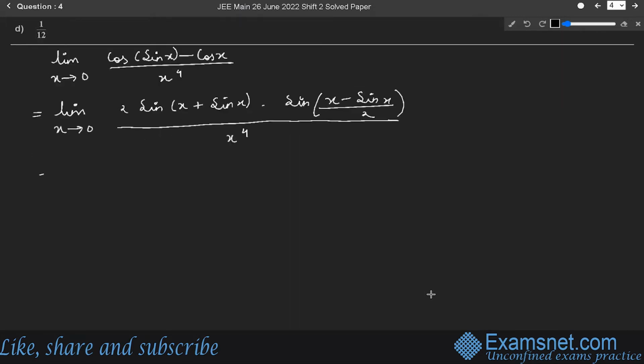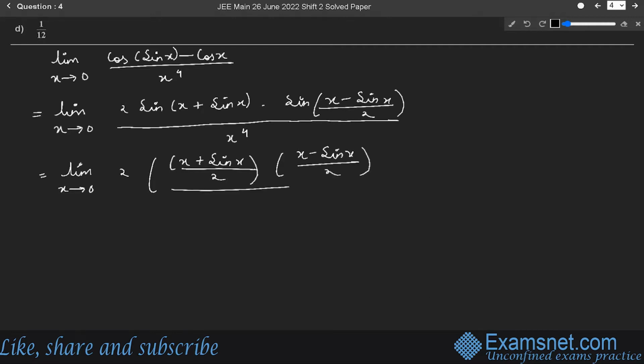So this will be equal to limit x tends to 0, 2 into (x + sin x)/2 into (x - sin x)/2, and whole divided by x power 4.